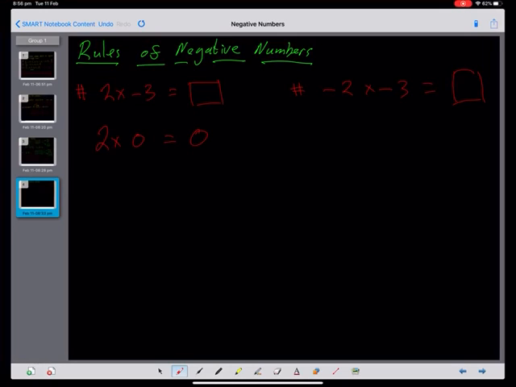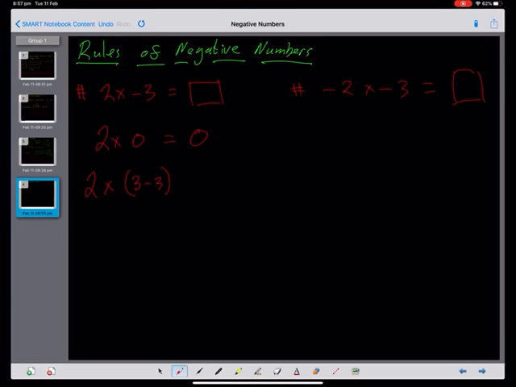Let's rewrite that 0 as 3 minus 3. 3 subtract 3. So we've partitioned the 0, we've broken it up into some components, and we could have chosen any two numbers, 5 and 5, 6 and 6, as long as they add together to make 0.